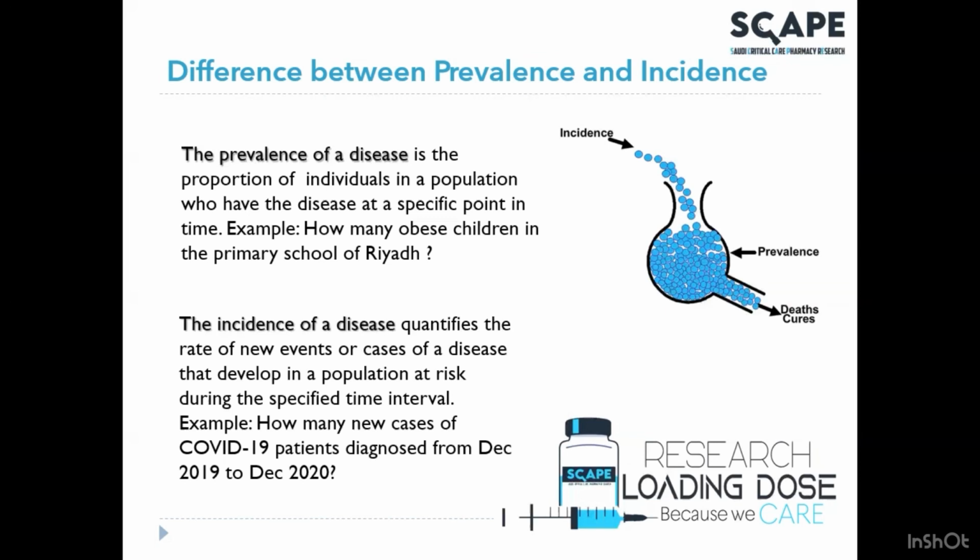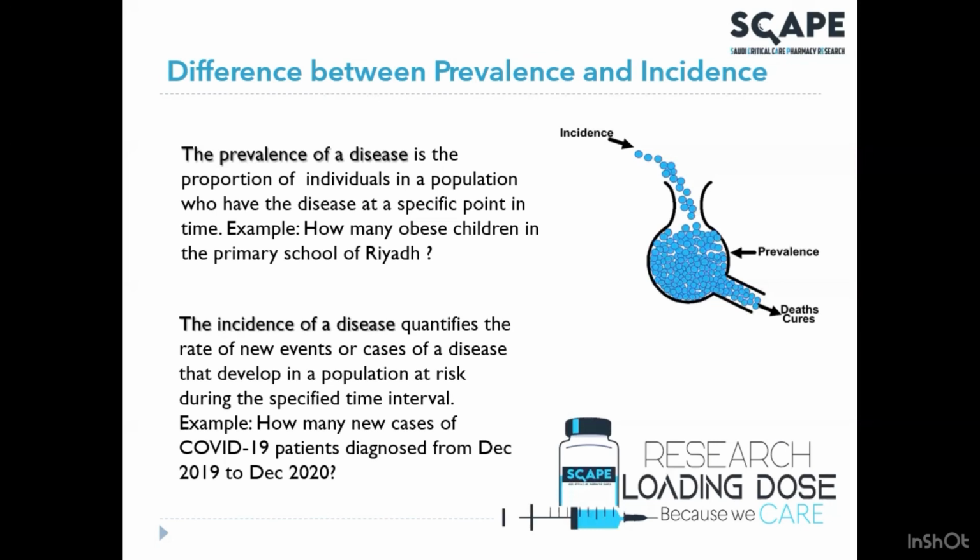So we have a specific year, and we count the new cases that happen to be diagnosed during this year. For example, how many new cases of COVID-19 patients were diagnosed from December 2019 to December 2020?